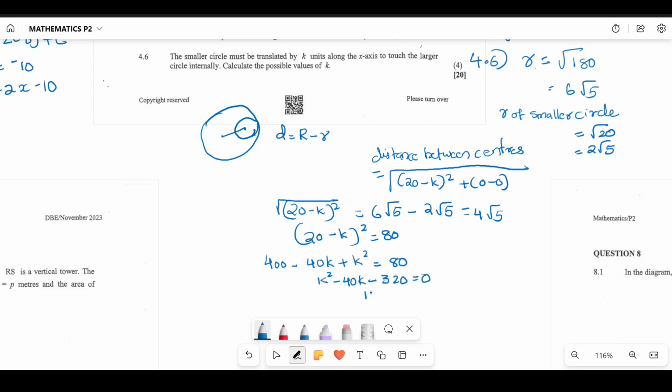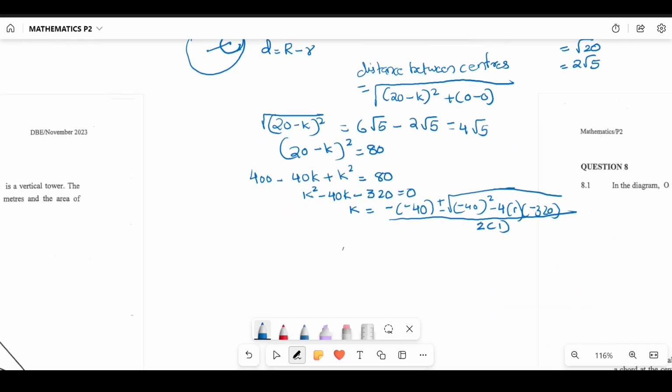You can use the formula k = (−b ± √(b² − 4ac)) / 2a.